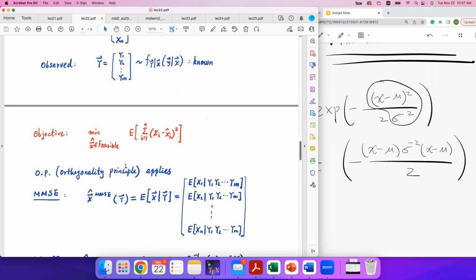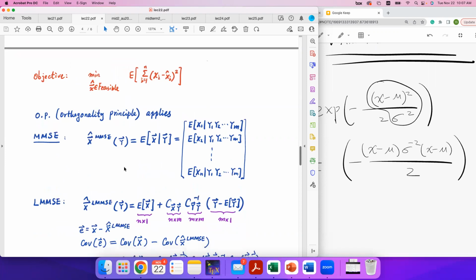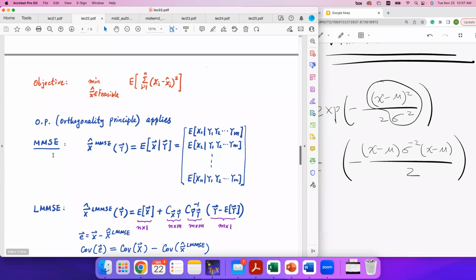And we can also have that orthogonality principle. So in the end, we can have these two estimators. One is the MMSE estimator, and the other is the linear MMSE. For the MMSE estimator, it takes the same form as before, which is a conditional expectation. But now these two are random vectors, so we need to define this conditional expectation in this high dimensional space. Precisely, it is defined in this way.